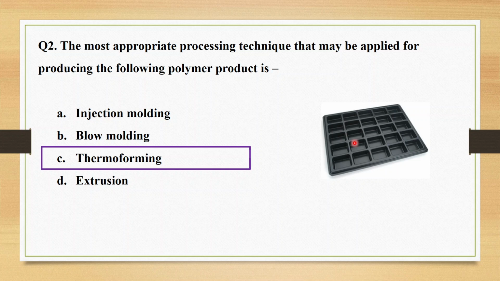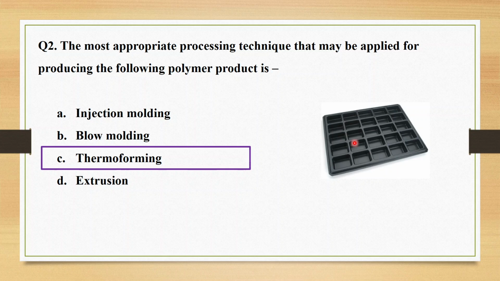So what is the basic difference? You all know that the extrusion process won't help in this particular case. In case of injection molding, the process deals with complicated polymeric structures. If we have to get complicated and very particular types of structures, then you go for injection molding, because it is a very difficult process.